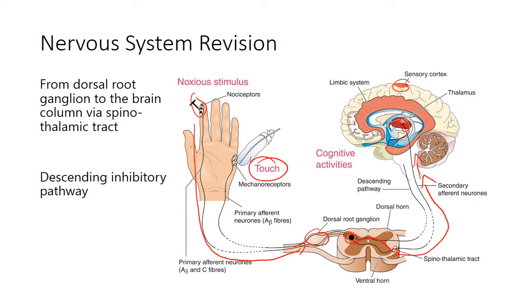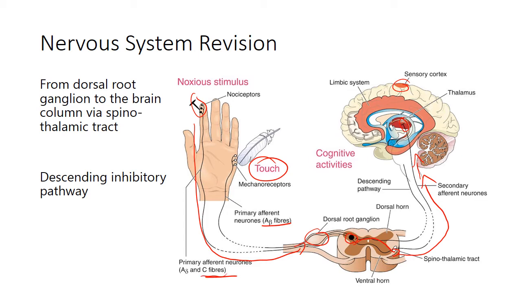Now we said that there were two distinct pathways via the A delta fibers, also the C fibers. Now our A delta fibers, they have this second order neuron in the dorsal horn, and then it travels up our spinothalamic tract toward the thalamus.